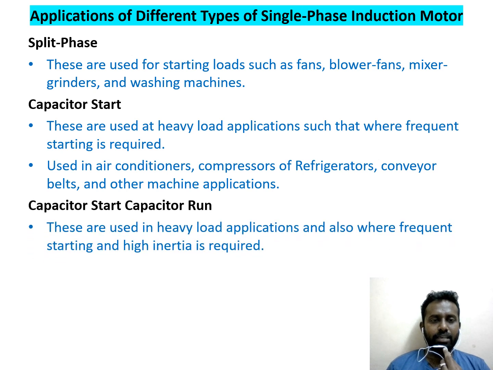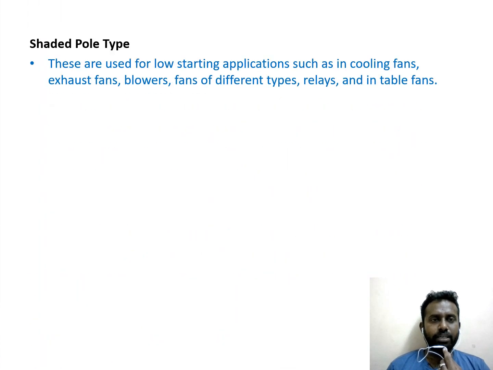Capacitor start, capacitor run motors are used in heavy load applications, also where frequent starting and high inertia are required, like air conditioners, refrigerators, pumps. Now, shaded pole motors are used for low starting torque applications such as cooling fans, exhaust fans, blowers, fans of different types, relays, and table fans.